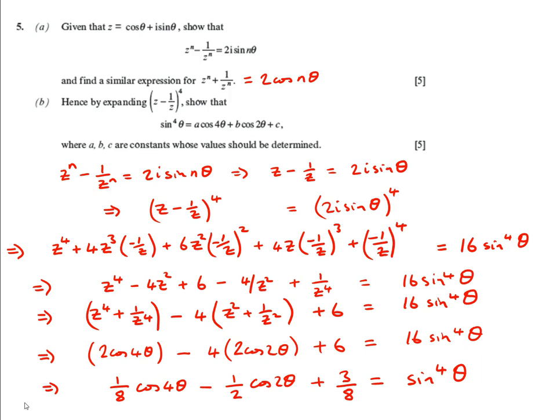And if we divide through by 16, that now gives me 1/8 cos 4 theta minus a half cos 2 theta plus 3/8 is equal to sin to the 4 theta, which is exactly what we want, with a equals 1/8, b equals minus a half, and c equals 3/8.